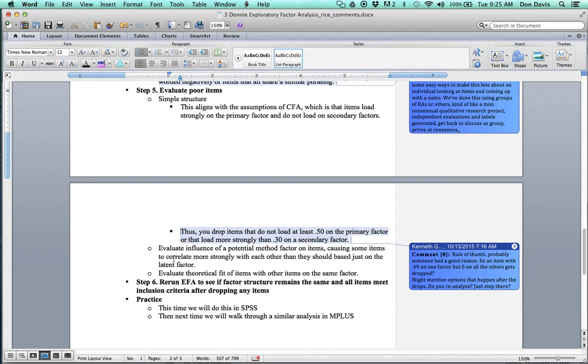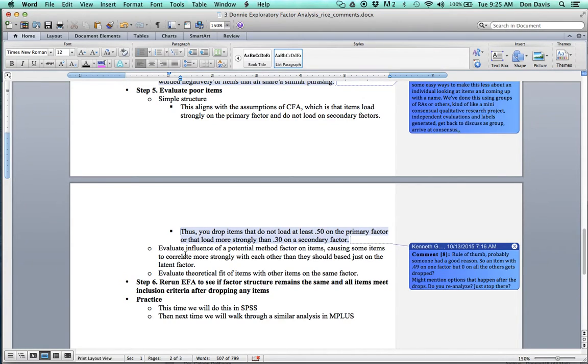The other thing you could do that would work fairly similarly is go ahead and do a CFA after you've done the EFA, and look at the modification indices. If those items are correlated too strongly with each other, then they'll show up as poor fit, and they'll suggest dropping some of those items in the modification indices in M+.